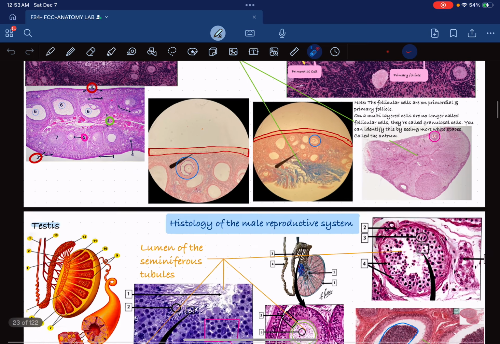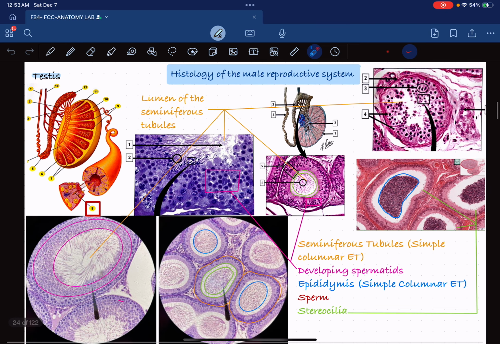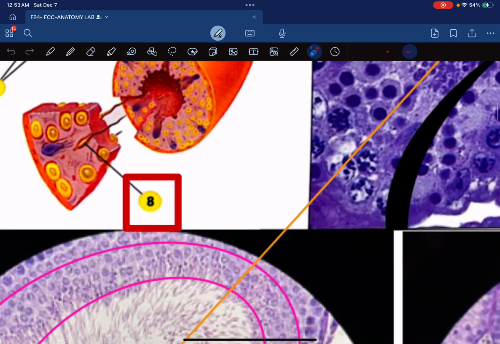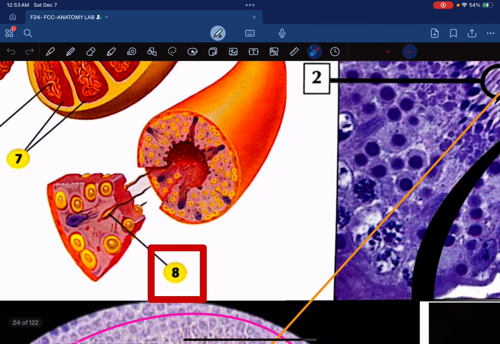Moving on, we have the histology of the male reproductive system of the testes. We have the convoluted tubules, which can be identified all over here. Now that being unwound, we can identify the sperm. The sperm develop in here and mature in the convoluted tubules.